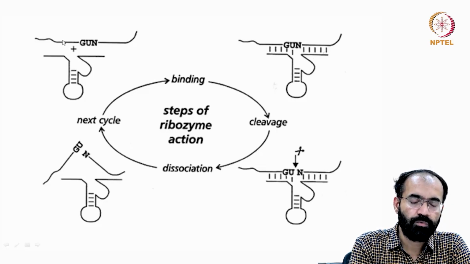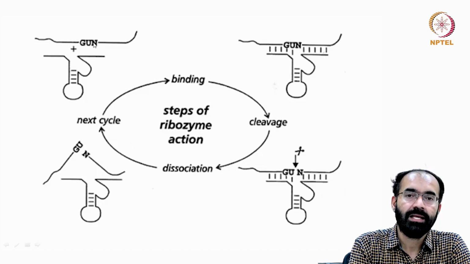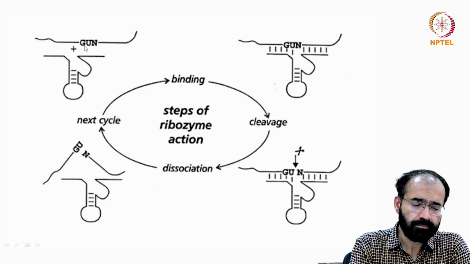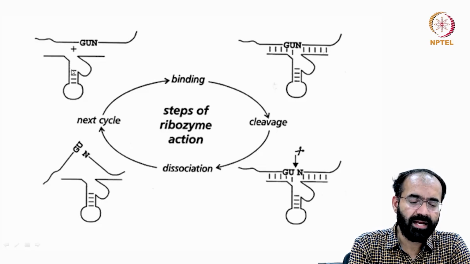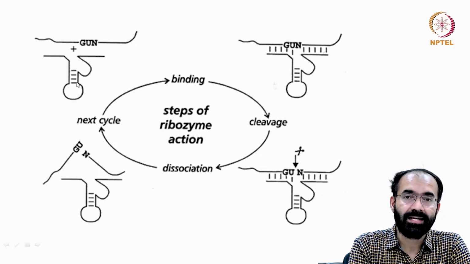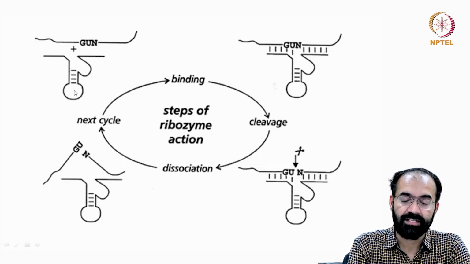It is a full stretch of RNA sequence, but G, U and N. G is for guanosine, U for uracil and N for any nucleotide. It can be A, C, G or U itself. This can be paired with another molecule which already has a stem-loop structure. This we can call a ribozyme for convenience.